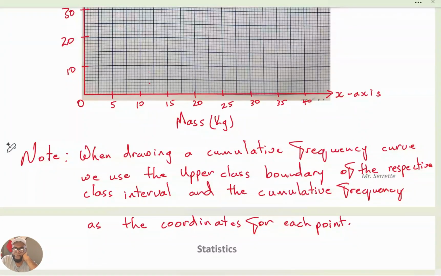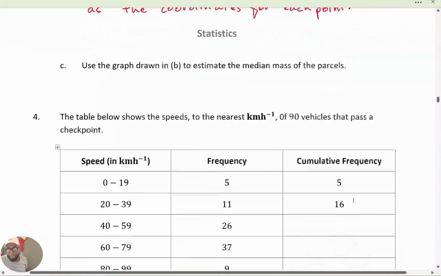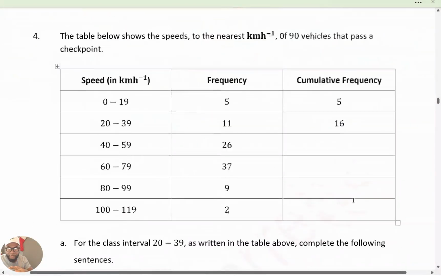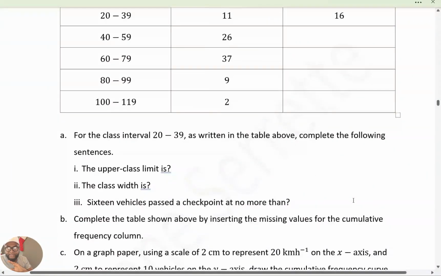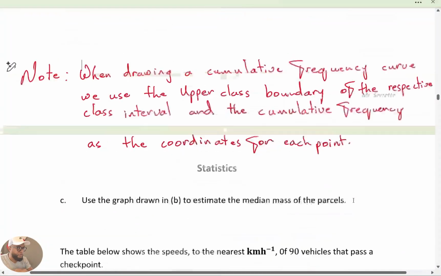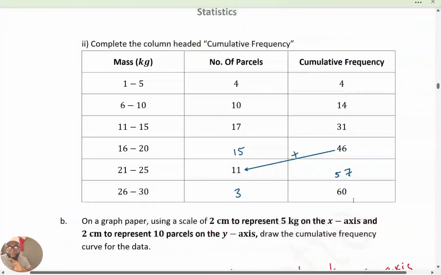Right? Make sure you have that, and we're going to plot some points, and we're going to draw a smooth flowing curve through the points. Right? Let's go! We join this cumulative frequency curve, and then we call it a day, right? We'll do from 4 going down the road next class, right?